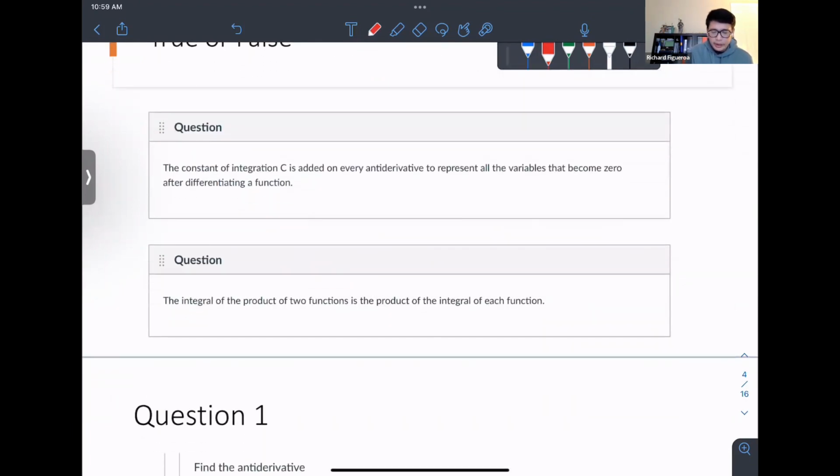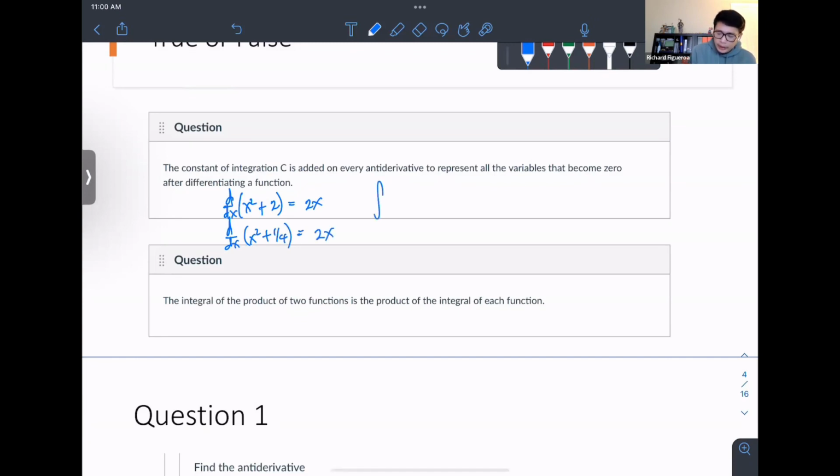Next: the constant of integration is added on every antiderivative to represent all the constants that become zero after differentiating a function. Let's say we find the derivative of x squared plus 2, which is 2x. The derivative of x squared plus 1/4 would still be 2x.